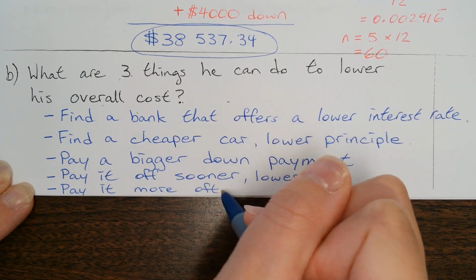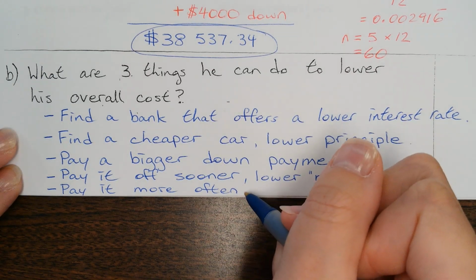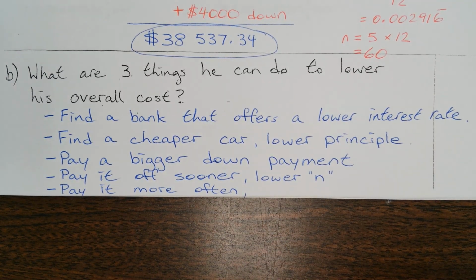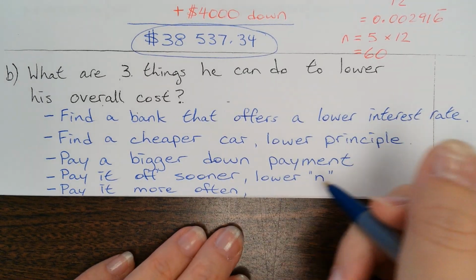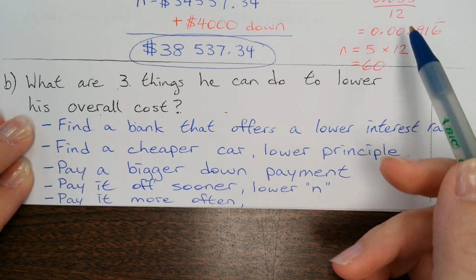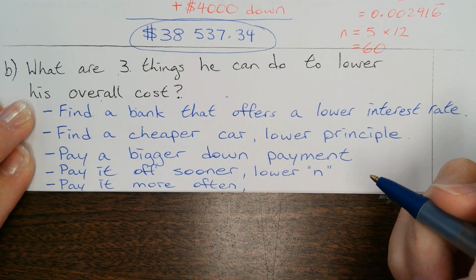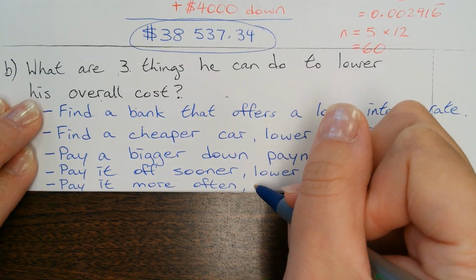So right now it's set to monthly. I don't want it semi-annually. Semi-annually would actually do the opposite. So maybe perhaps pay it off daily, pay it off bi-weekly. So pay it more often, and that would mean instead of monthly, change it to like bi-weekly, for example.